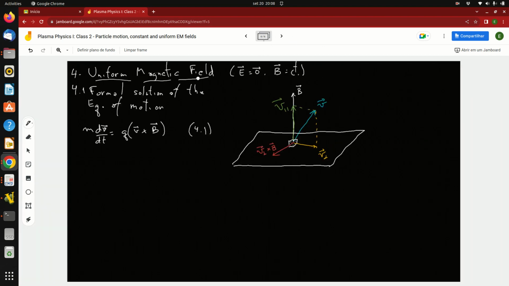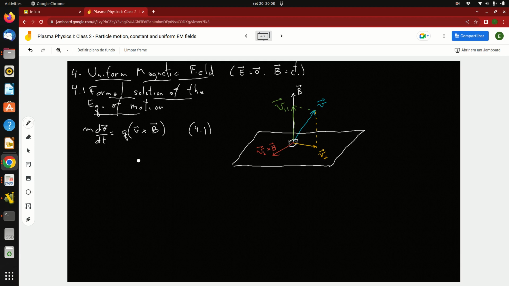You do have conservation of kinetic energy. But let's try to solve the equation of motion formally in order to see what the motion of the charges looks like. So this is the equation of motion when you have E equal to 0. This is equation 4.1.